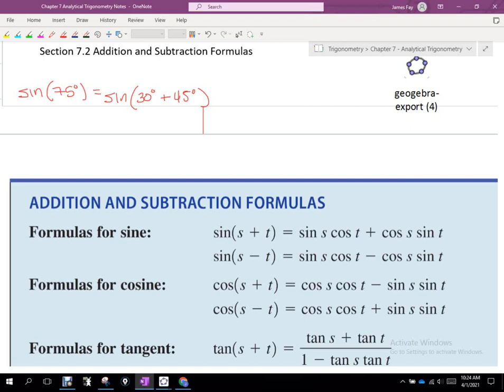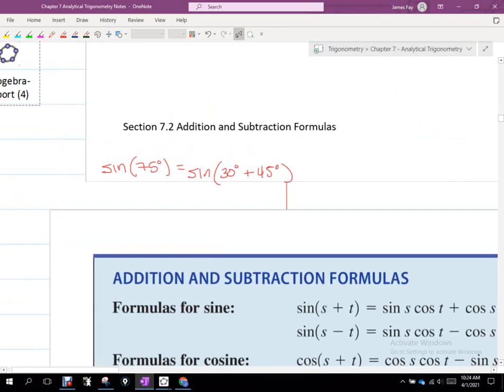We can take any two of those and merge them through addition or subtraction, and as long as we get 75 when we do that, this will work. Because of the commutative property, it does not matter the order of the 30 and the 45. Does that make sense? What will matter, though, is the order that we use them on the right-hand side.